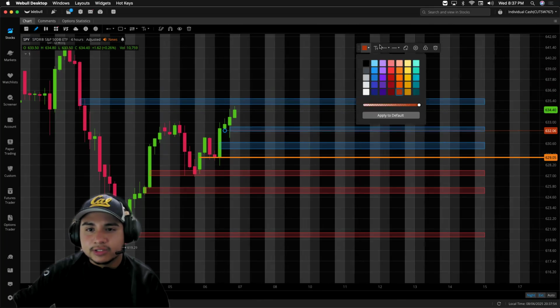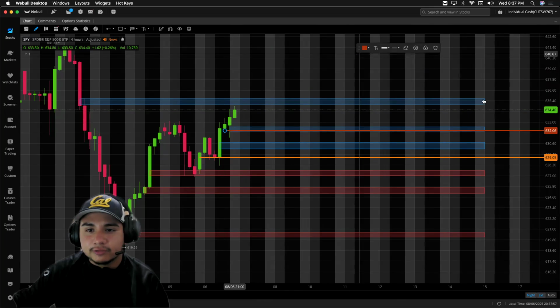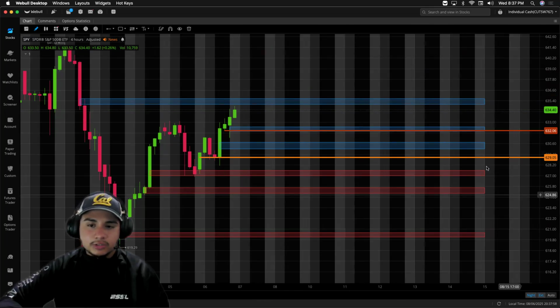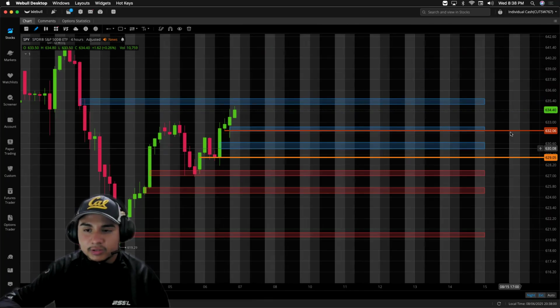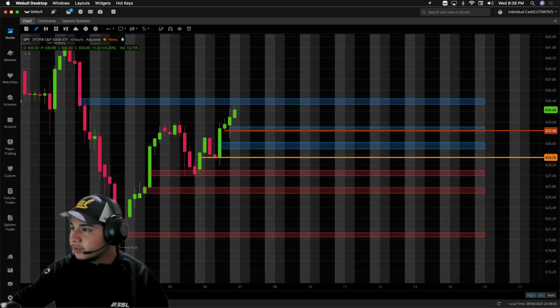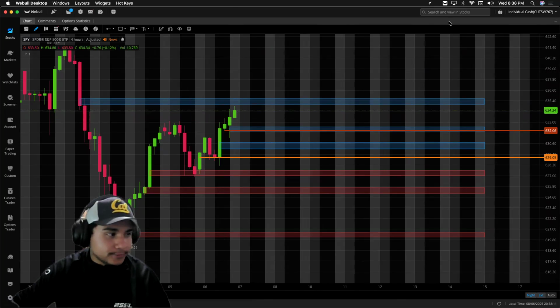Ideally, I might want to keep this one a darker shade of orange so that I'm aware this is tomorrow's and this is the monthly's max pain. And so now I've charted my stuff out. I know areas to look for.